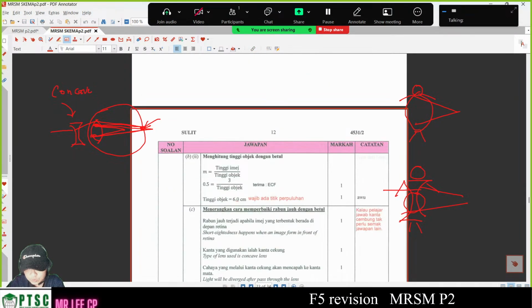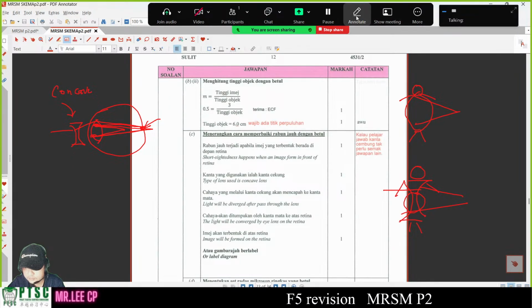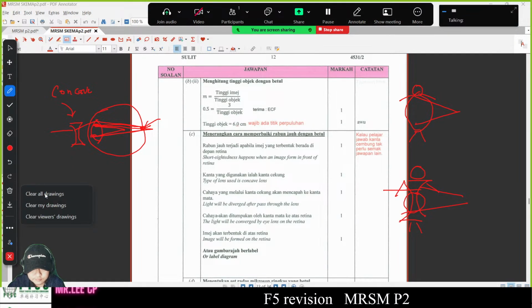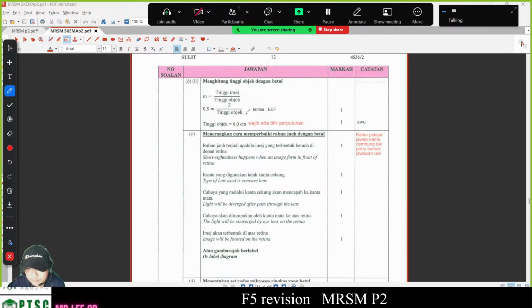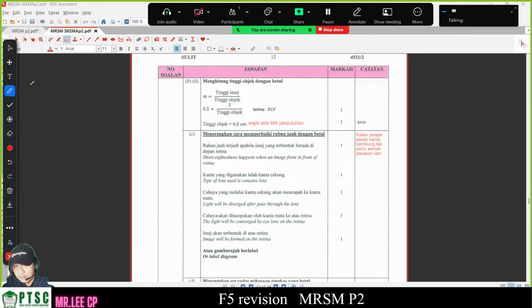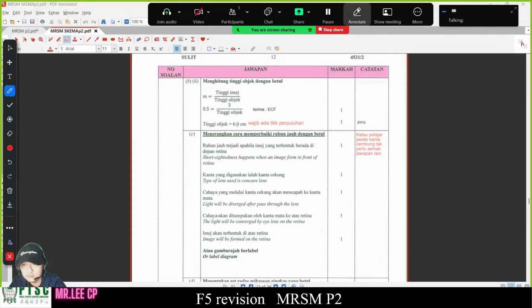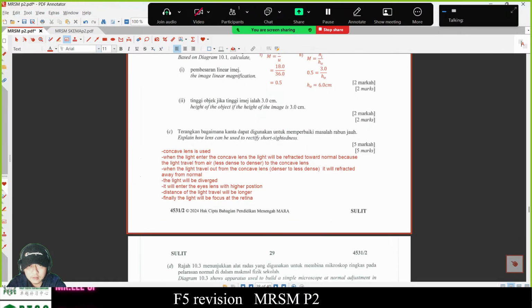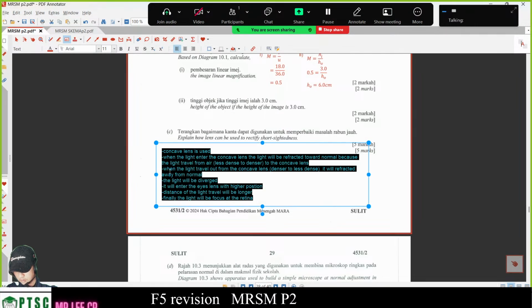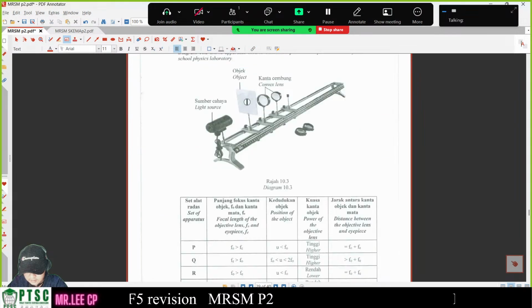So we try to have a look at the answer. I didn't draw the diagram, so never mind. I put it into here.